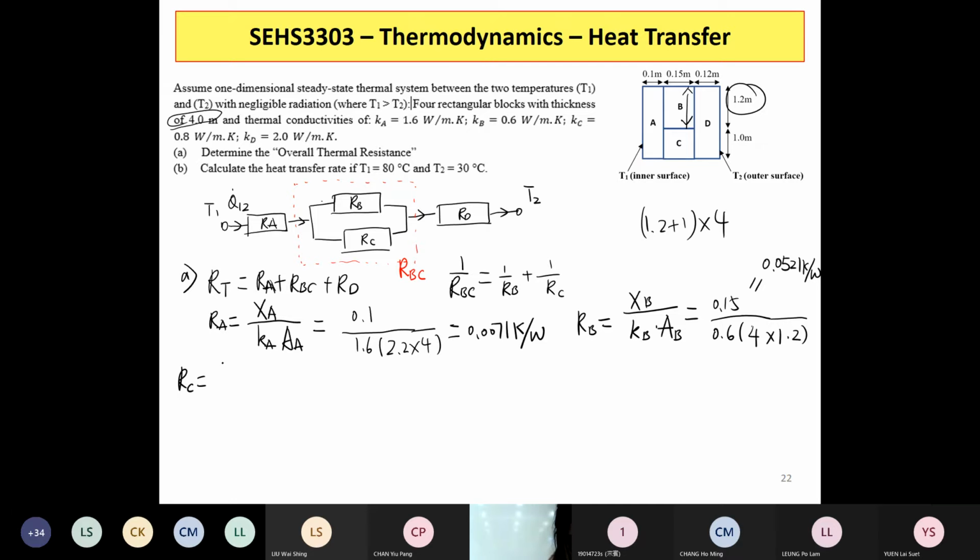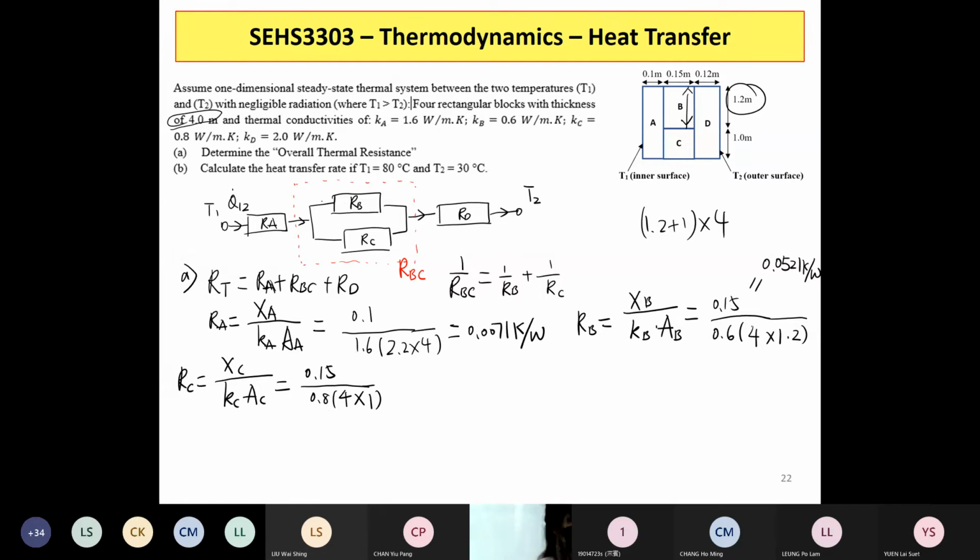RC, how do we calculate RC? XC divided by KC and area of material C. KC is the conductivity of material C. So what we have is, again, the distance is 0.15 meter. KC is 0.8. Area 4 times 1, right?